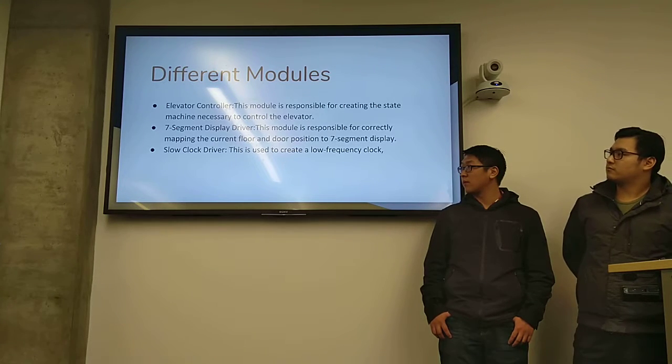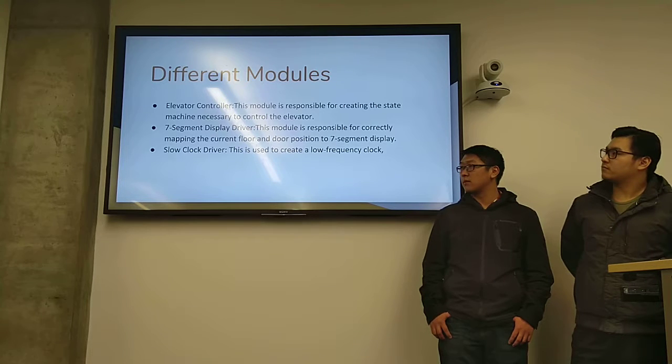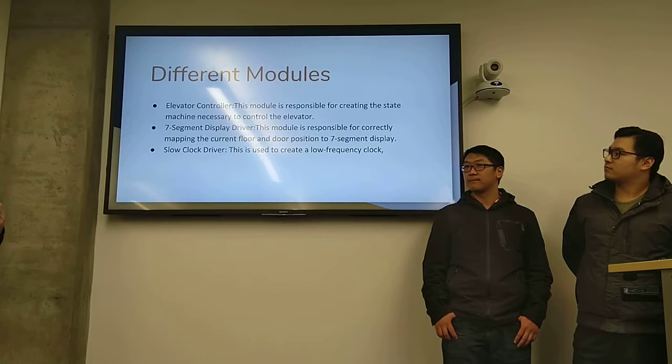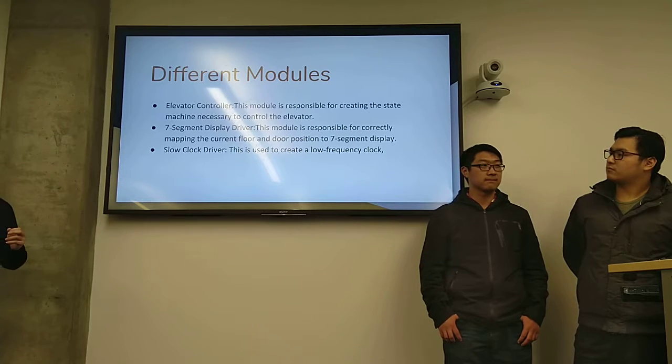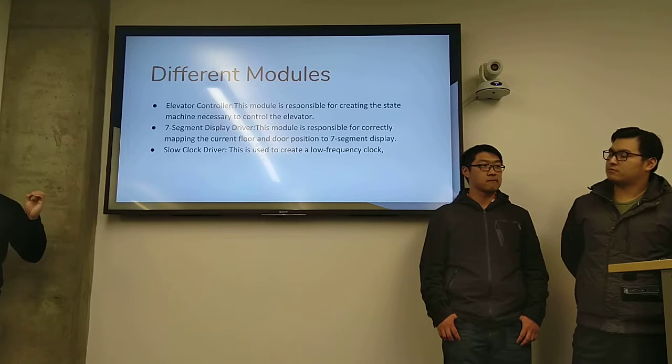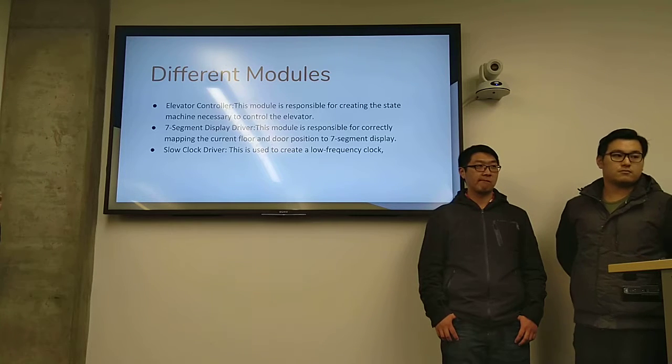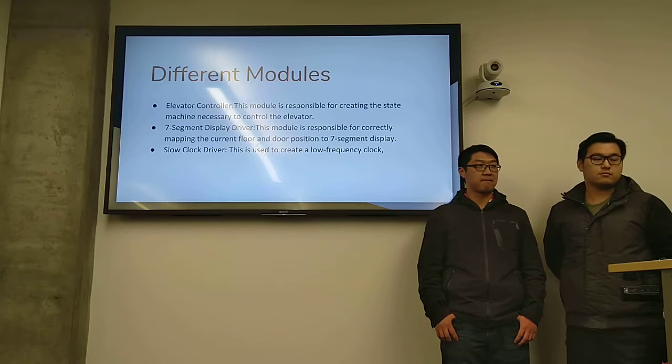So we need to make a controller to help the elevator move from one state to another one. To do this, we create a table, and then we program it according to the table.